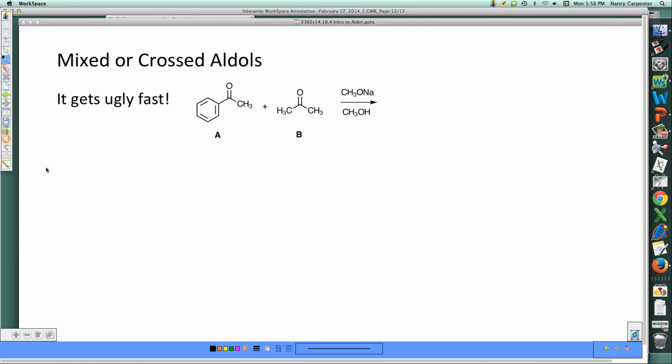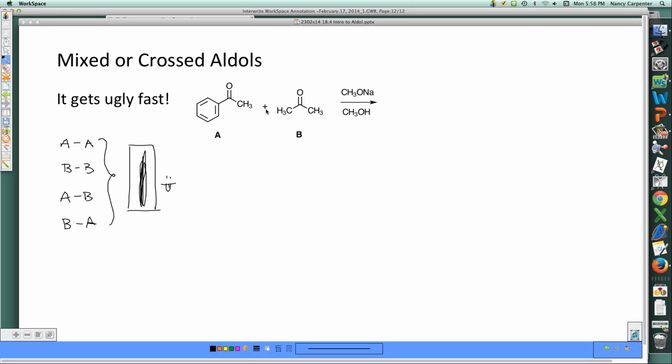Well, to make it real straightforward, you're going to be able to have products where A reacts with itself, where B reacts with itself, where A is the enolate and B is the electrophile, and where B is the enolate and A is the electrophile. So your TLC is kind of going to look like this. Yuck. A messy, messy bunch of spots that kind of looks like a tire skid.